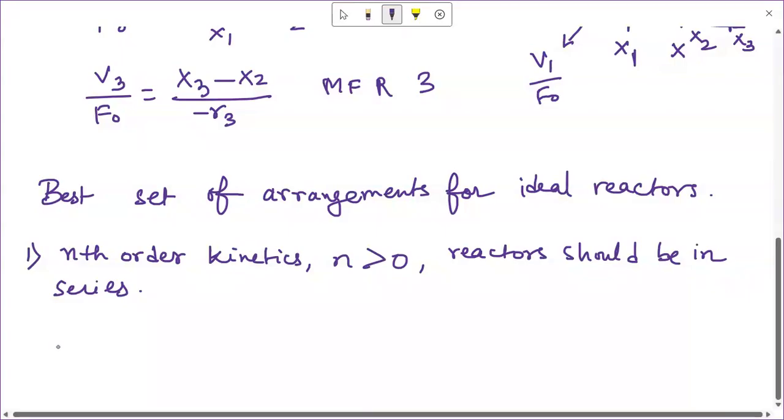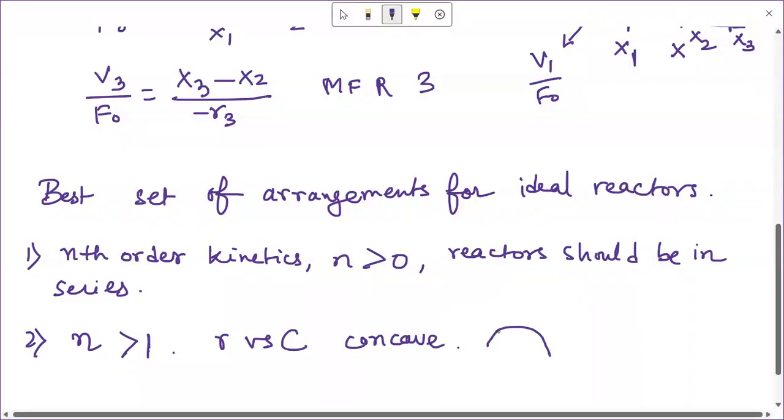In case you have n greater than 1, then this rate versus concentration curve, that is the R versus C curve, becomes a concave curve. Concave curve means like this, concave kind of curve.